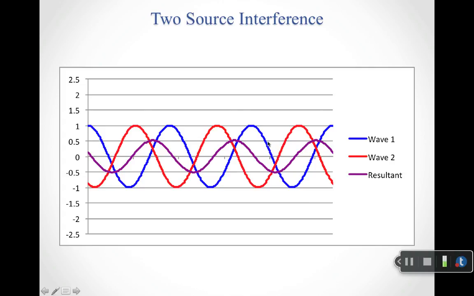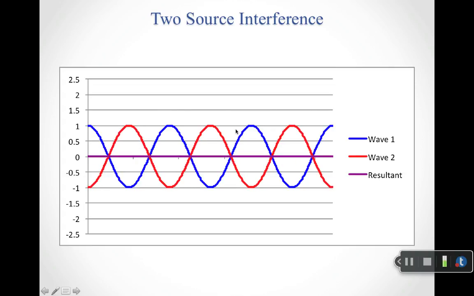The blue wave is half a meter above, but the red wave is something like 0.85 meters below. When you add those together, the resultant still ends up being below. So now the peak of my wave is much smaller than the two individual waves.